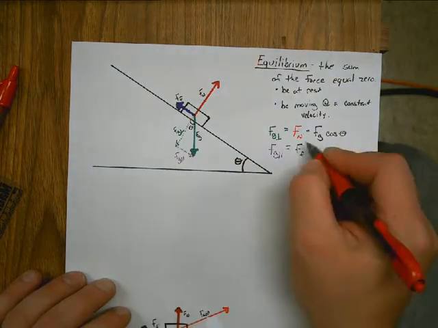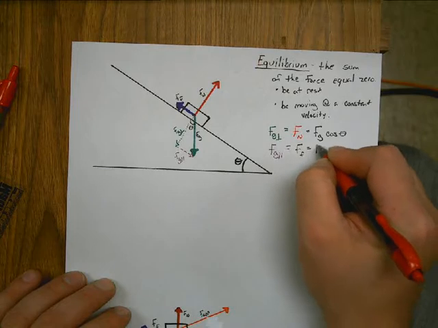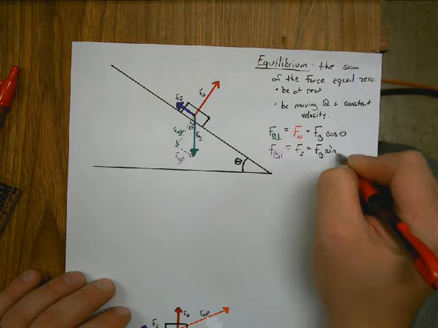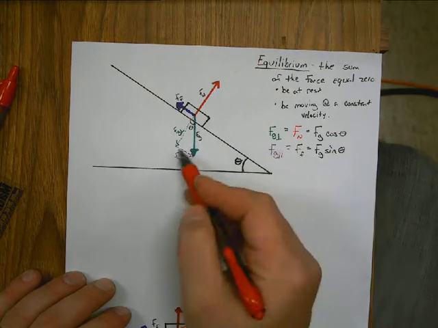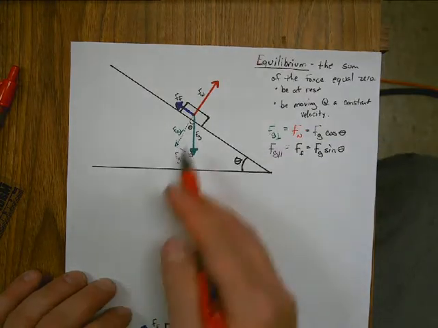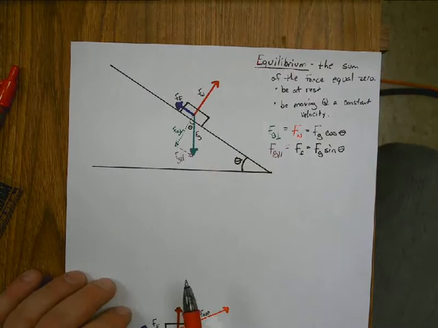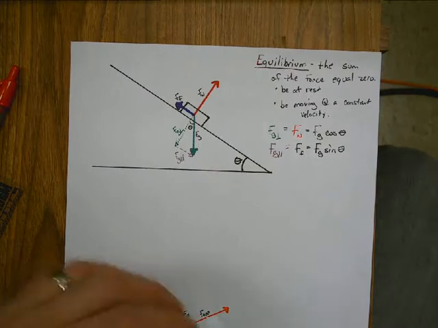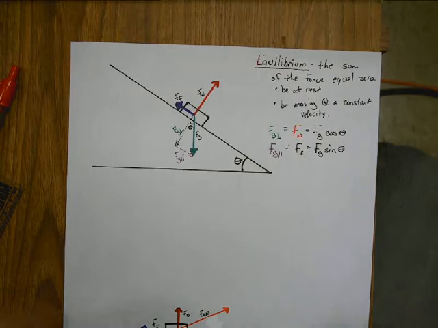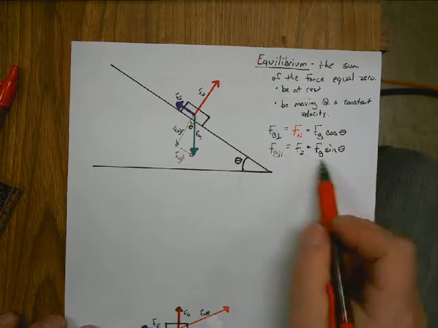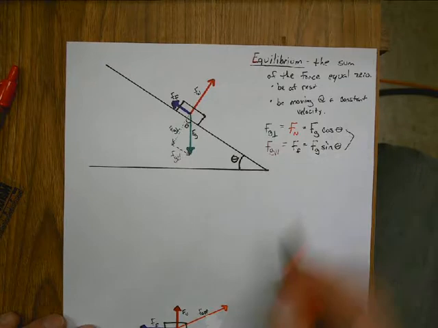And I've also given you this equation where the force of friction equals F sub g sine theta, because F sub g parallel is the opposite side, and that's our sine function. Now when we start applying forces that are not parallel or perpendicular to the surface, we actually have to modify these two equations because they don't turn out to be accurate.